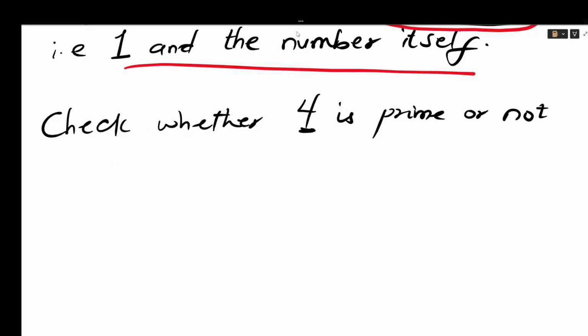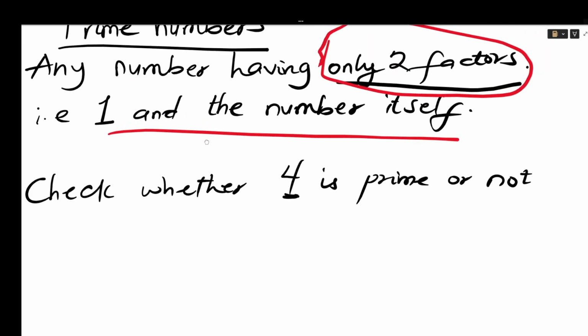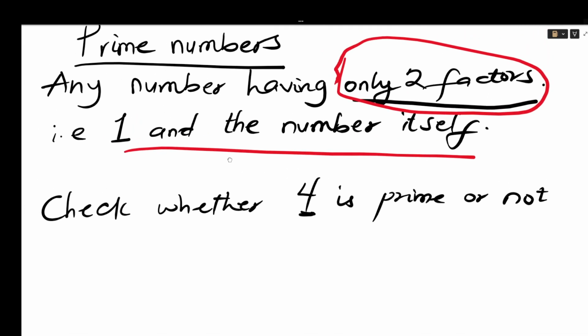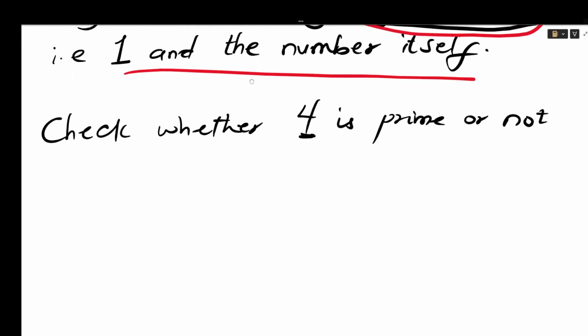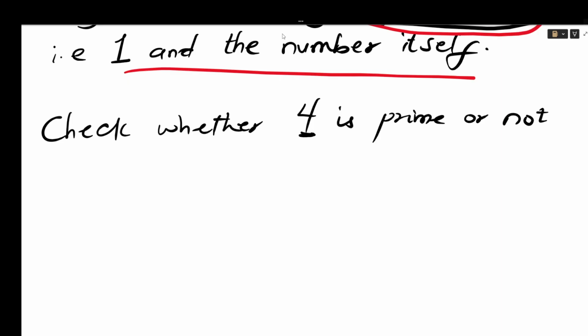Now, like I said, the definition of a prime number is that it's a number having only two factors, 1 and the number itself. That means the first step in checking whether a number is prime or not is to do what? Is to list the factors.